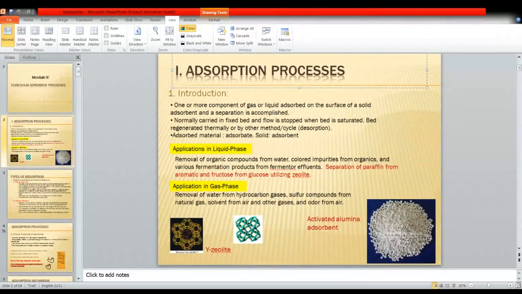So after some time of use, they get saturated. There is no more space on the surface to take the component from the water. So we say that saturation has reached. This solid is no more capable of separating phenol. So at that stage, what do you do?